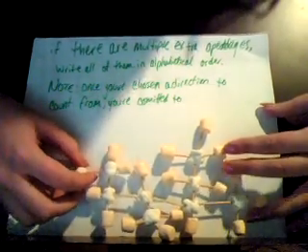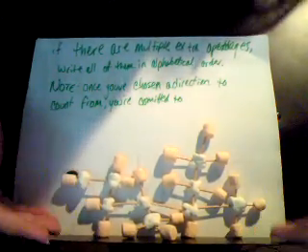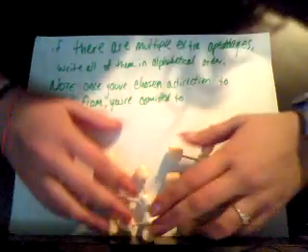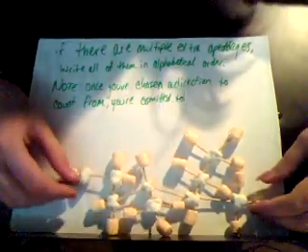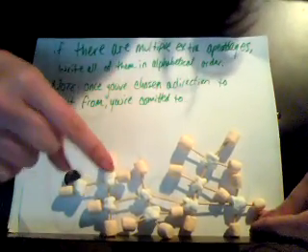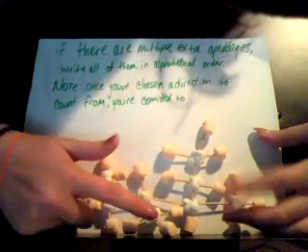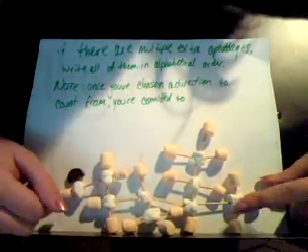The prefix for 7 is hepta. They are all single bonds, so you know that the main name of this element is going to be heptane. Then you're going to find out where the extra appendages are. Well, there is one here, and there is one here.